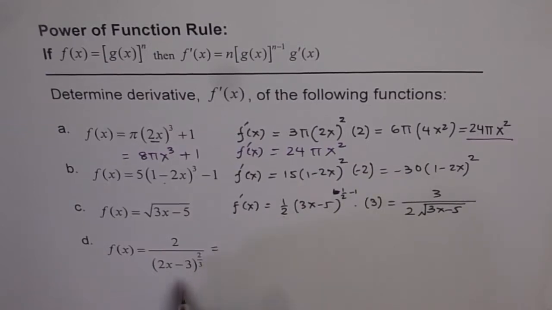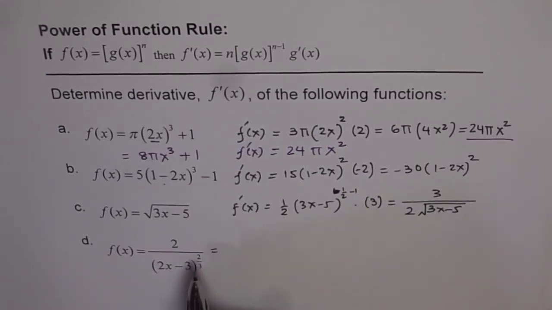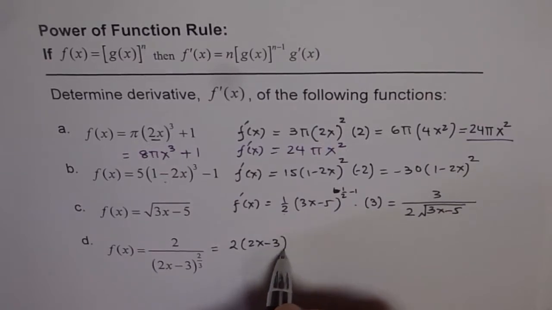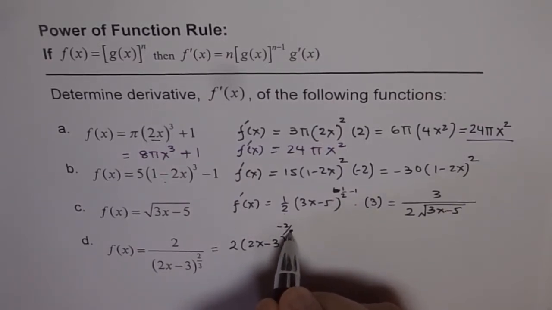Now here it is better to write it with a negative exponent, and then we will apply the rule. So f x can be written as 2 times 2x minus 3 to the power of minus 2 over 3, correct?